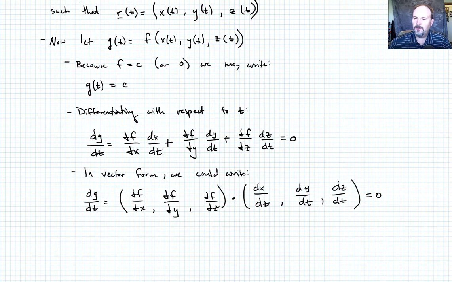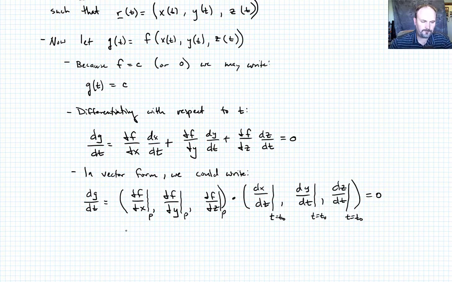That equals 0. And of course, we're doing this at some point p, so these are evaluated at some point p, and p is at t equals t naught. That's what gives us the value of p.